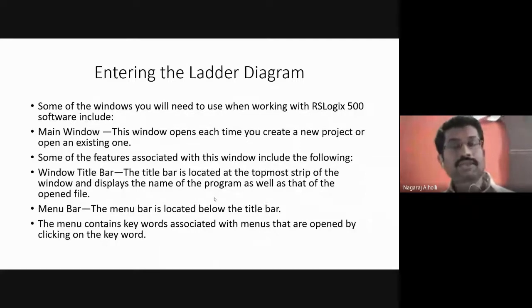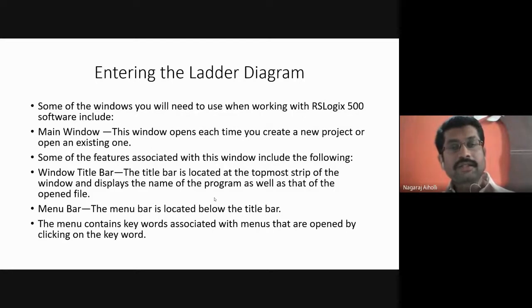This file name is stored in a particular directory, correct? In that particular directory or folder, we are storing it with a certain file name. Yes or no? So that is here, this window, it is called the title bar.